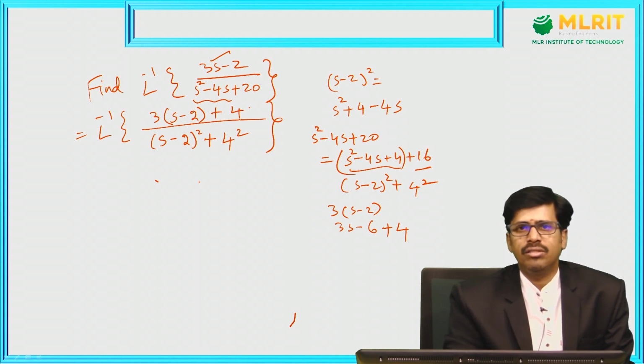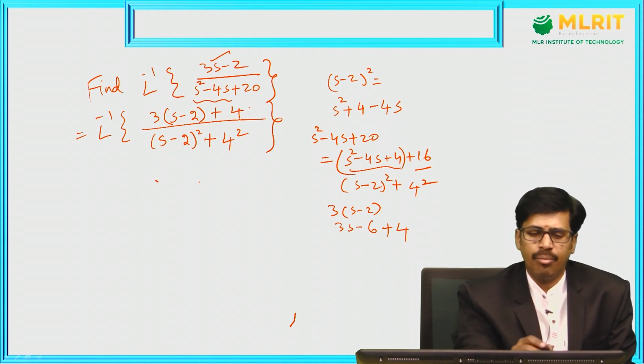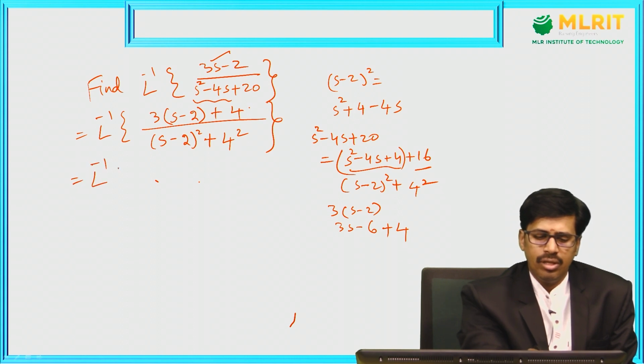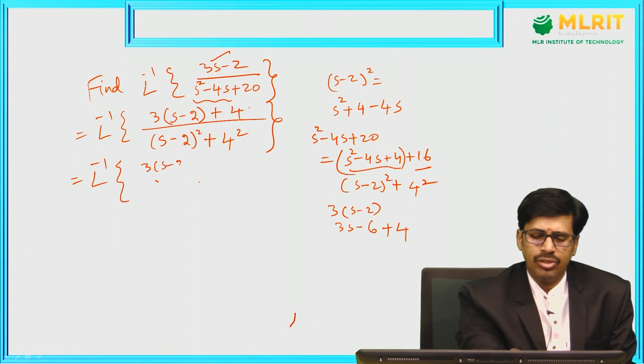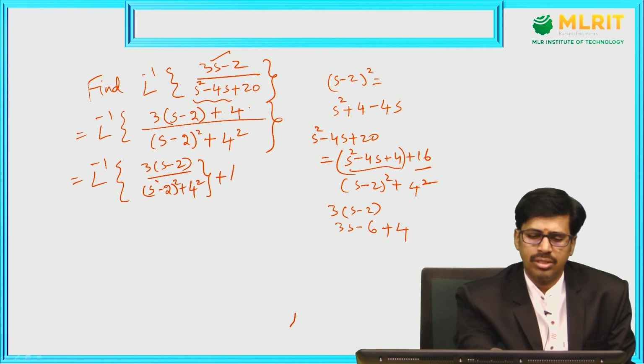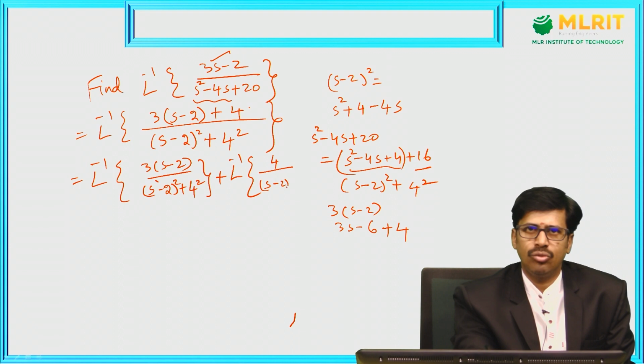Now, let us split this using linear property: L inverse of 3 into (s − 2) by ((s − 2)² + 4²) plus L inverse of 4 by ((s − 2)² + 4²).